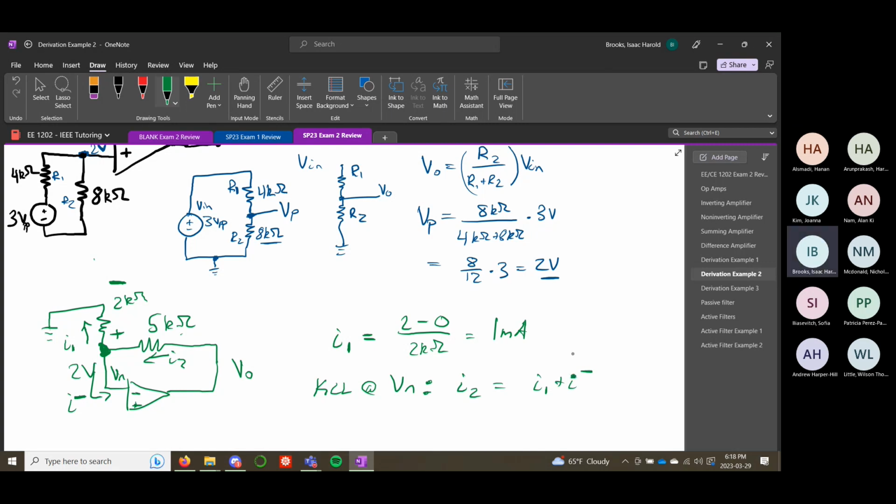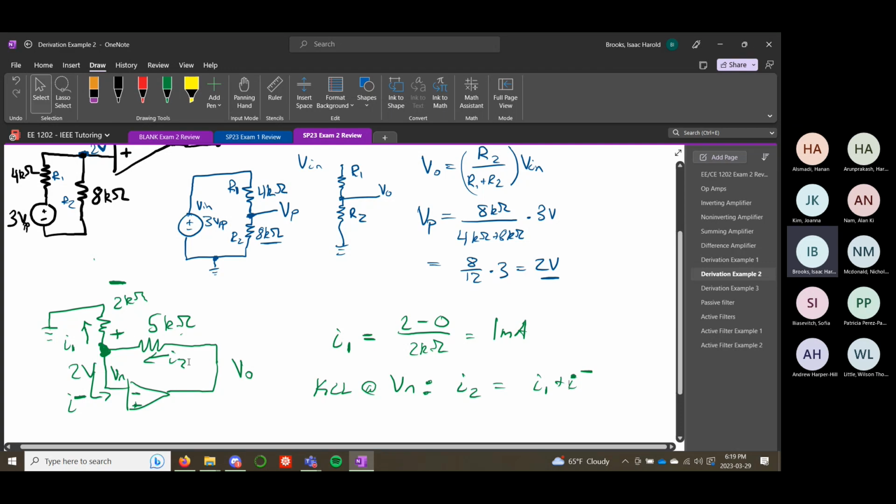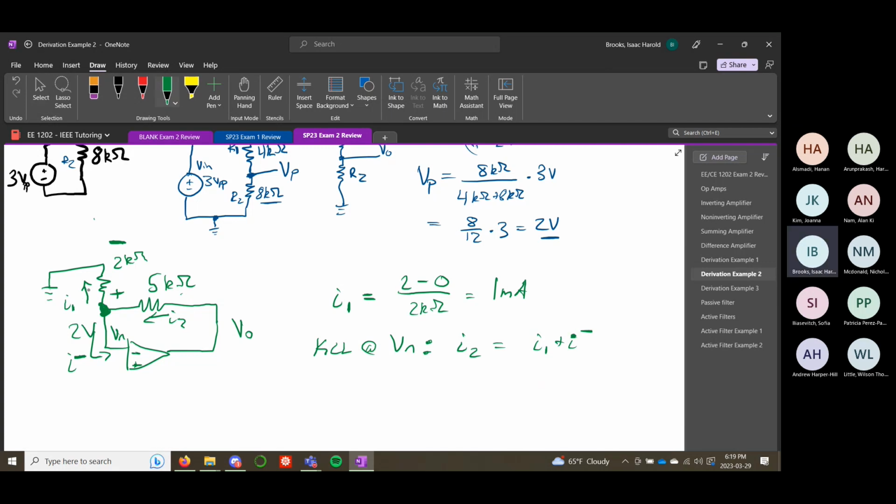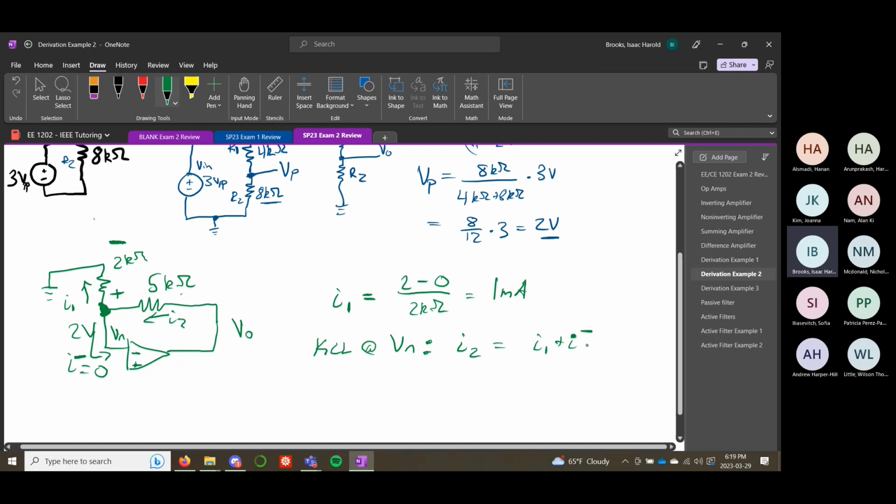Let's call this I minus. You can see it's really arbitrary the way that we define these things, but it's all going to work out in the end as long as you stay consistent. So if we define our currents like this, we have I2 coming in, I1 going out, and I negative, remember, is always 0 for an op amp. So we say I2 equals I1. So that means I2 equals 1 milliamp.